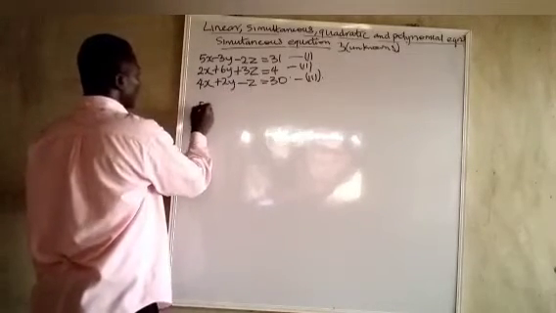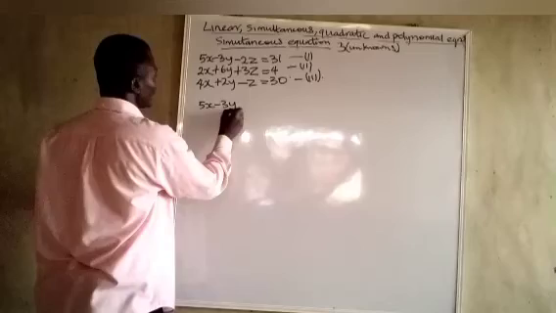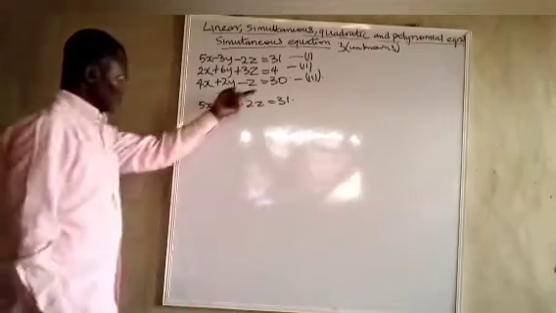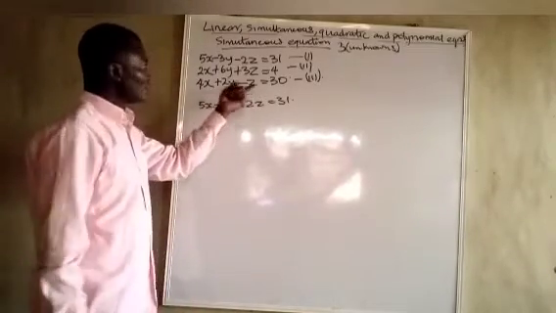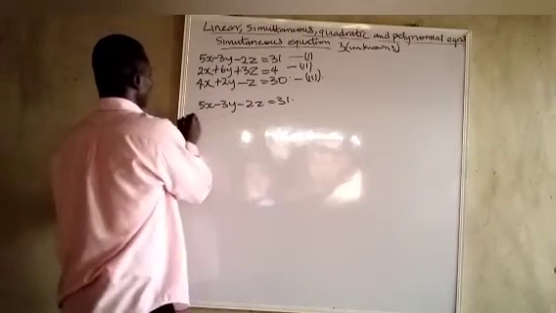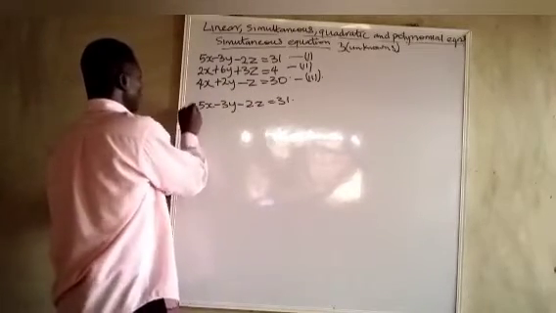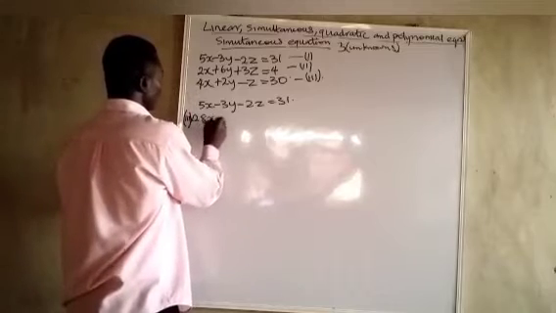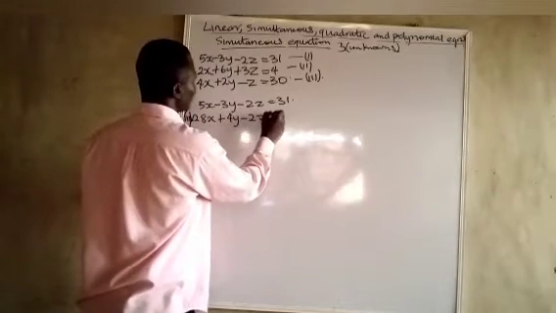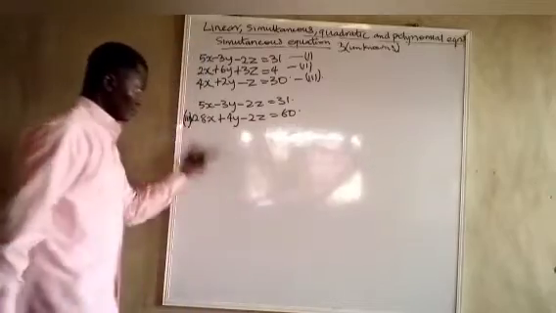I just say 5x minus 3y minus 2z is equal to 31. Now, to achieve that, I will multiply the third equation by 2, and that will give me 8x plus 4y minus 2z is equal to 60. You can see 8x.